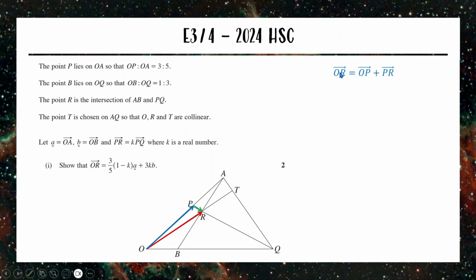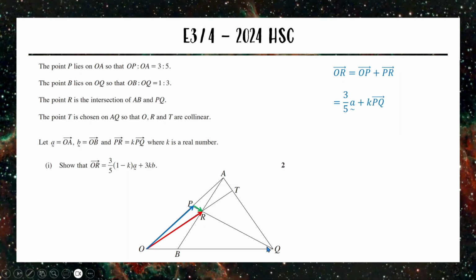So OR, as we said, is equal to OP plus PR. Now OP is nice and easy because we said before that OP is 3/5 of the length of OA. So we can just write that. Now the hint in the question was that we can change PR to be some multiple of PQ. So we've changed PR to be k PQ. Now what do we do with PQ?